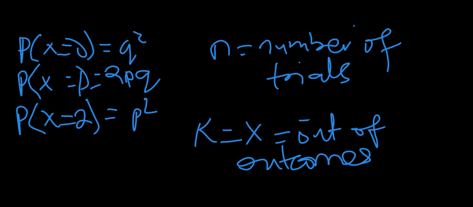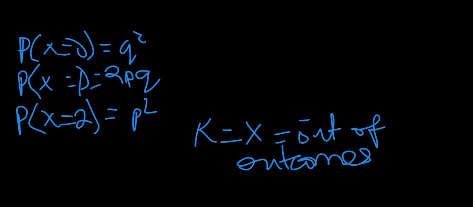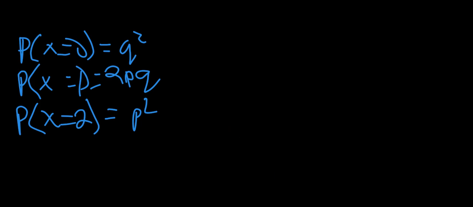Now you remember from your permutations and combinations, when you are trying to choose a certain number of items from a particular number of selections, you can denote this as n choose r.